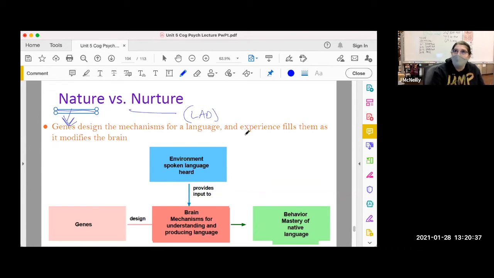But then in order to speak a language, first we have to experience it. That's the nurture part. If you take a baby and you don't speak to it or let it hear any language, it's not going to have some random language that it uses as the original language of humans. It has to come into contact with other people speaking that language in order to learn how to speak.